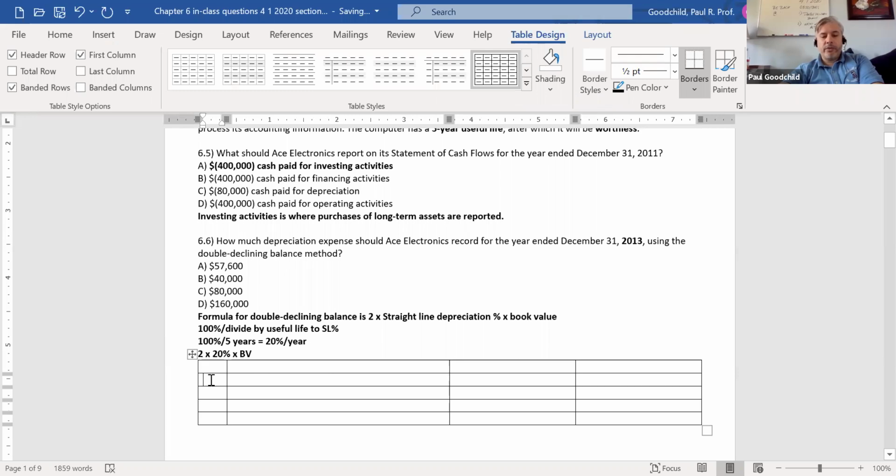And so for the first year, 2011, 2012, 2013, and then we have the 2 times straight line percent, which is equal to 2 times 20%, which equals 40%.